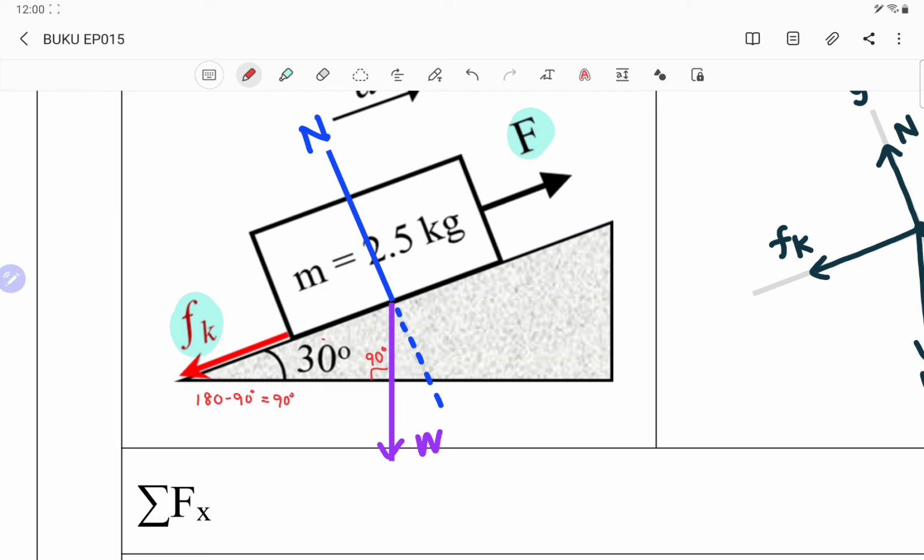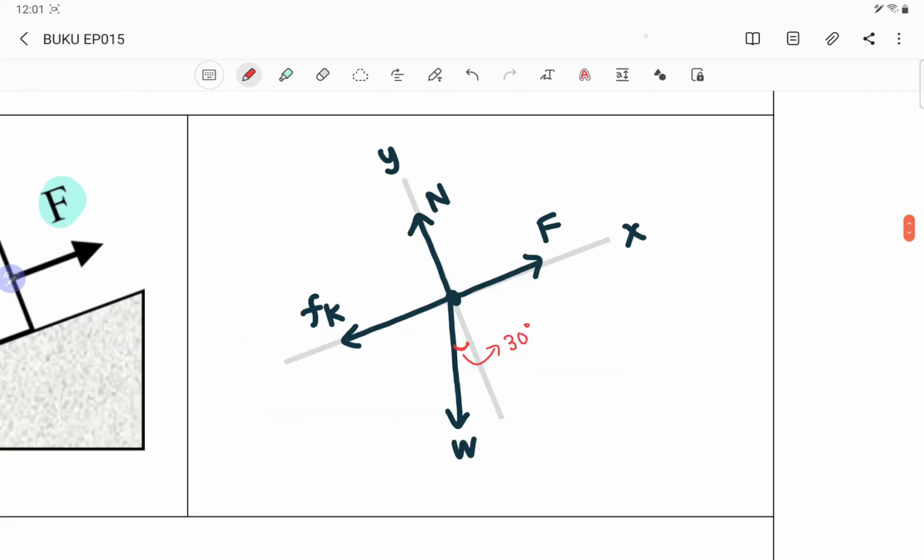Okay, so 90 kita ada 30 kat sini. 90 tolak dengan 30, kita ada 60 degree which is here. So, this is 60 degree. And the angle over here adalah right angle triangle. Okay, so 90 tolak 60 ini adalah 30 degree. So which means 30 degree ni dia berada di sini. So this is our FBD.